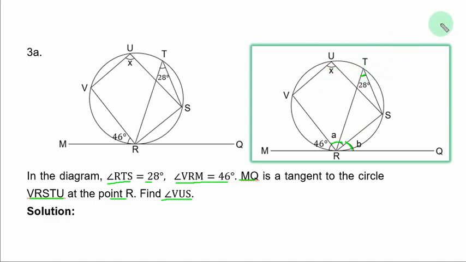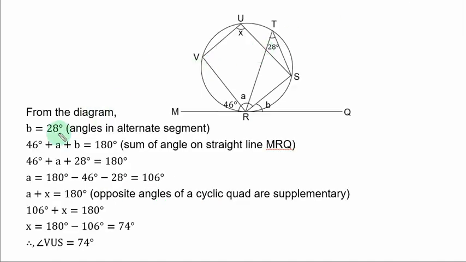Let us see to that. As I have explained, B is equal to 28 degrees, angles in alternate segments. Now 46 degrees plus A plus B equal to 180 degrees, sum of angles on straight line MRQ.